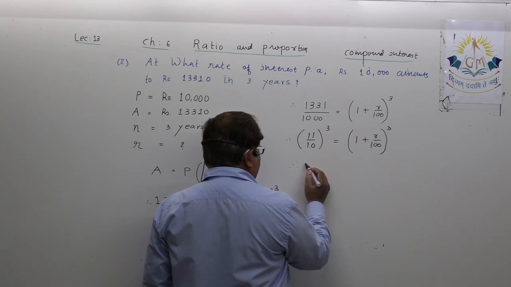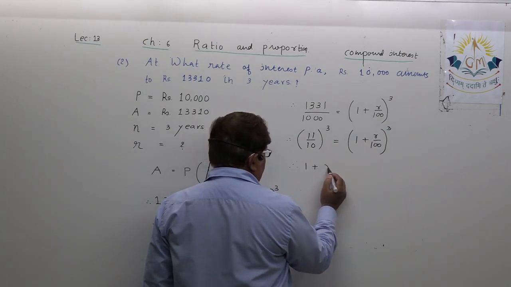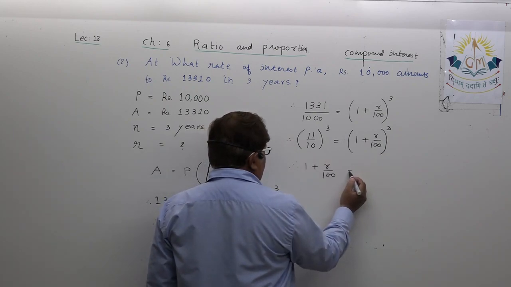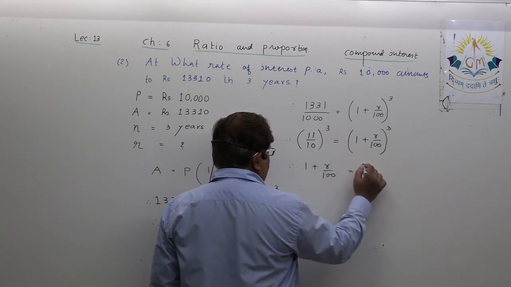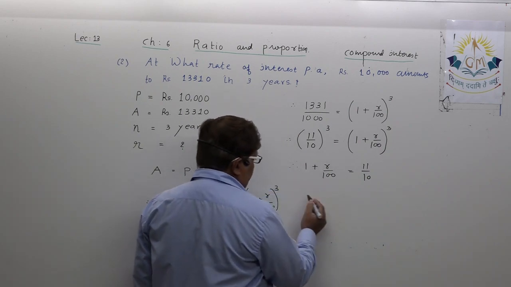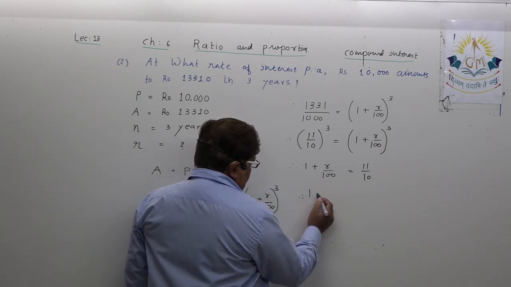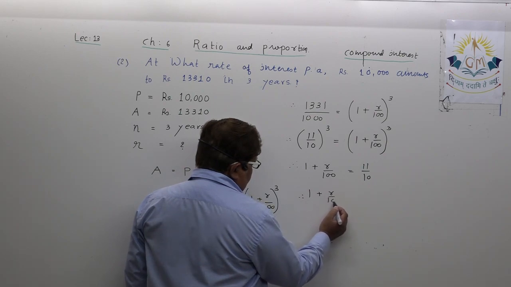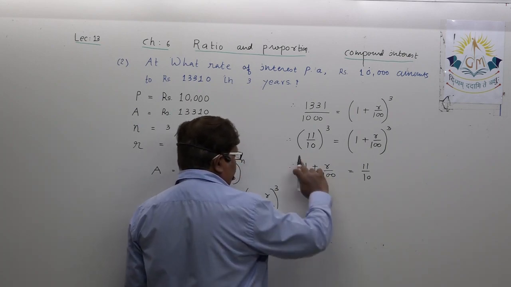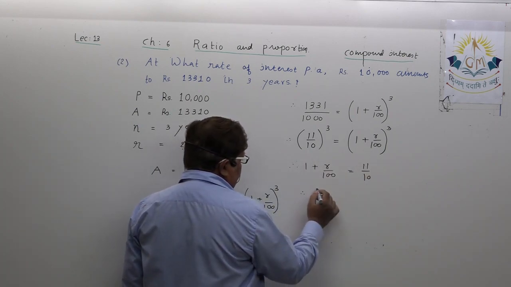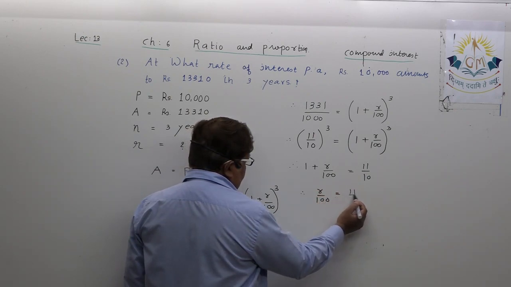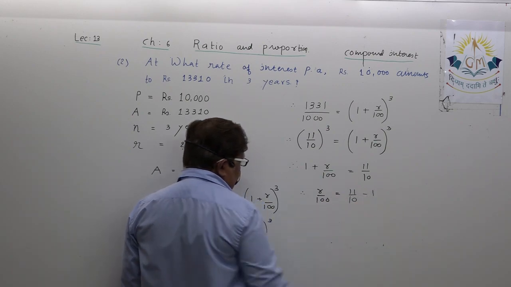First I will write 1 plus r upon 100 is equal to 11 upon 10. The next step involved: we like to transfer 1 to that side. So, r upon 100 equal to 11 upon 10 minus 1.